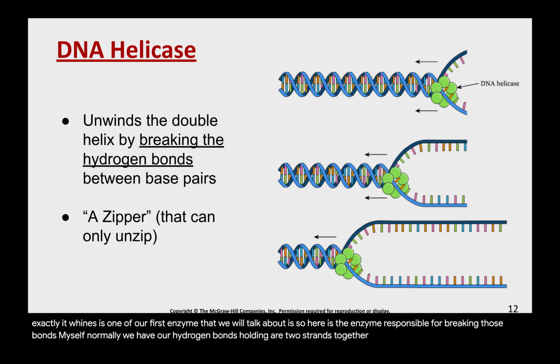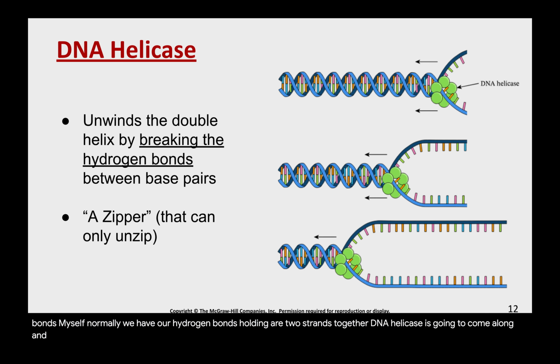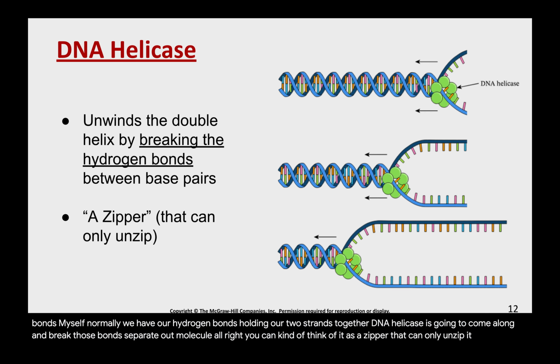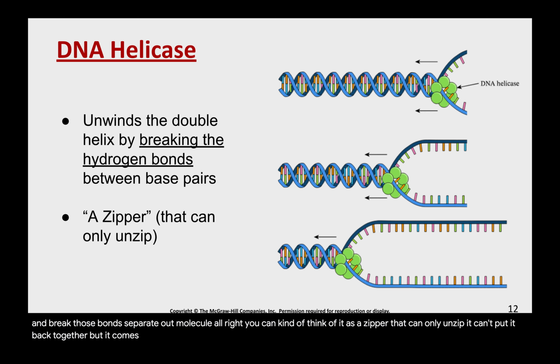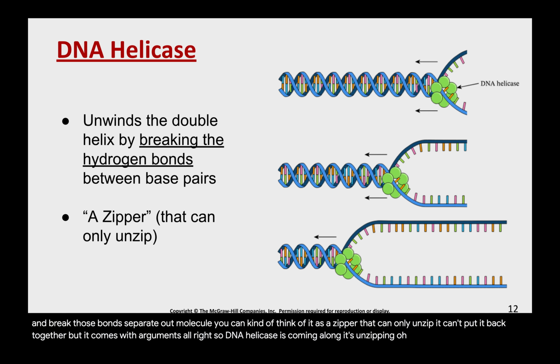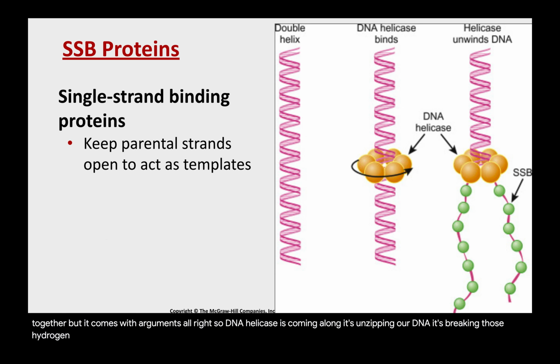DNA helicase is going to come along and break those bonds to separate the molecule into 2 strands. You can kind of think of it as a zipper that can only unzip. It can't put it back together, but it can unzip our DNA. So DNA helicase is coming along, unzipping our DNA, breaking those hydrogen bonds.